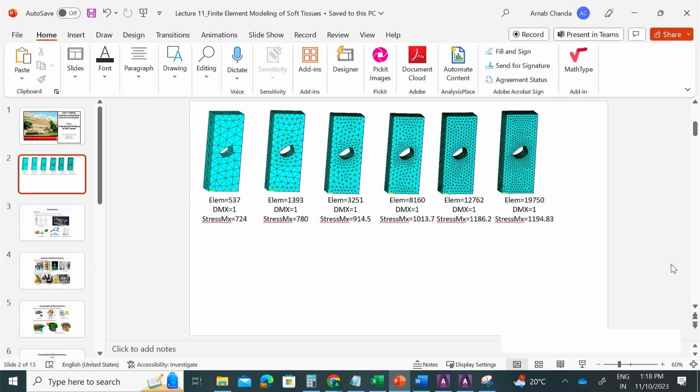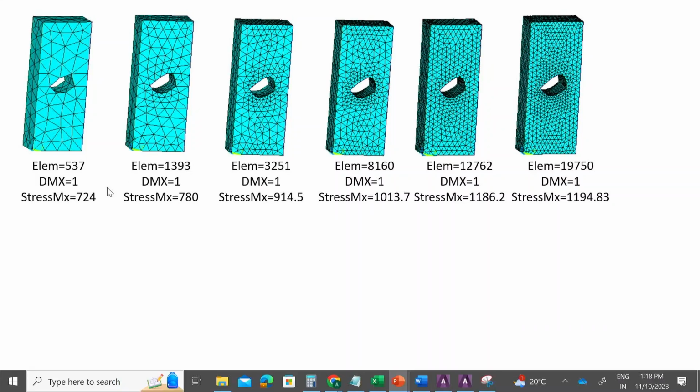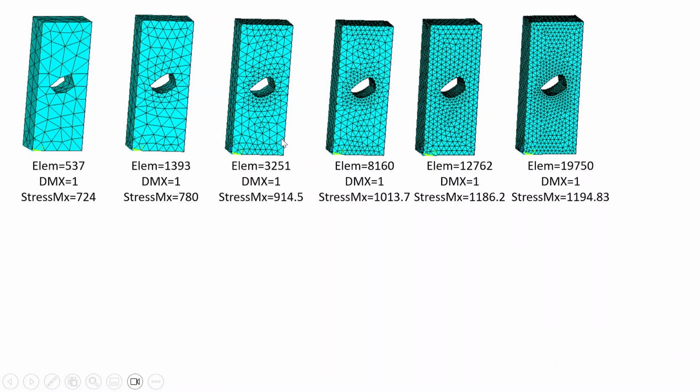Let us take a broad look at how this looks. These were the meshes, and we went from the left all the way to the right, and we can clearly see that the meshes are getting more and more refined, meaning the number of elements is increasing. We have gone all the way from 537 to 19,750, right?